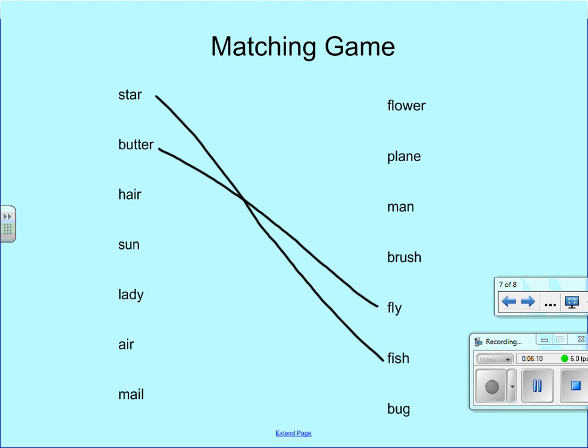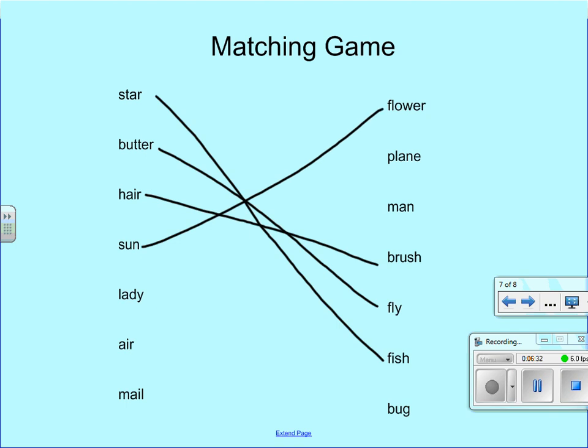Okay, hair. Who can tell me where hair goes? Donna? Hairbrush. Wonderful. You got it. Alright, what about you? Trevor, can you tell me what belongs with sun? Maybe a sunfish? No, sunflower. You got it. Perfect.